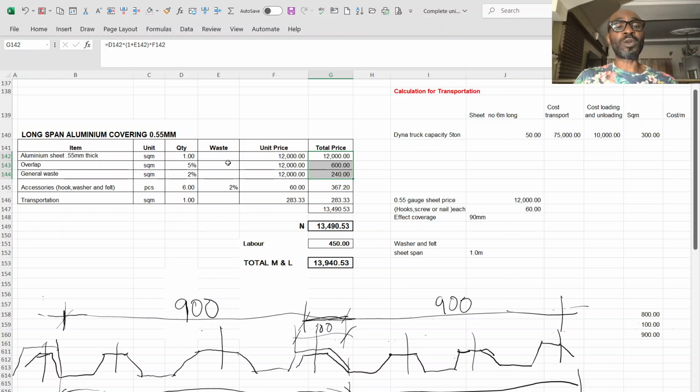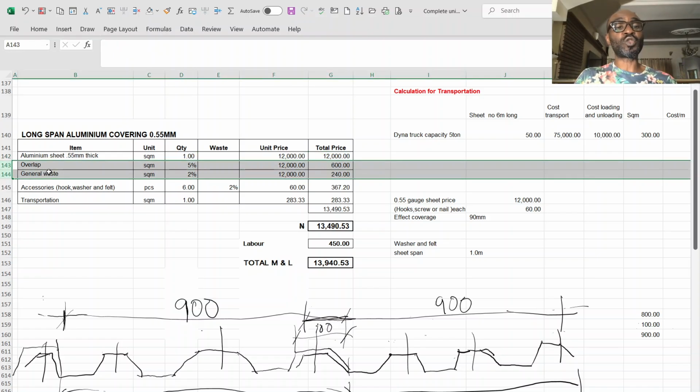I could have just put a 7% here, and I have my 12,840. But for the purpose of clarity, that is why I expanded this. I added these 2 rows just to treat the overlap and the general waste separately, so for us to better understand.